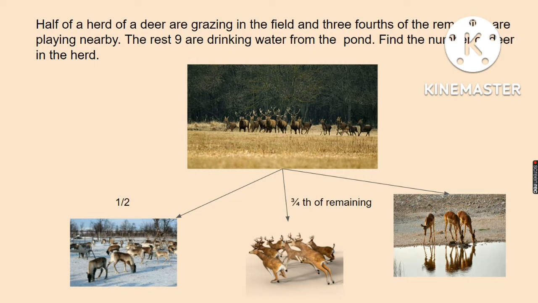Let us understand once again. These are the total number of deer. Let us suppose the total number of deer be x. We don't know the total number of deer, so we suppose that the total number of deer is x.